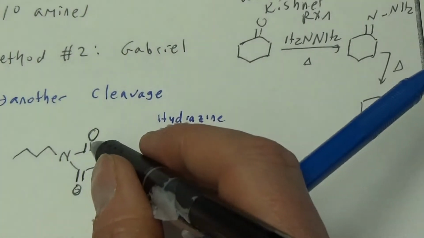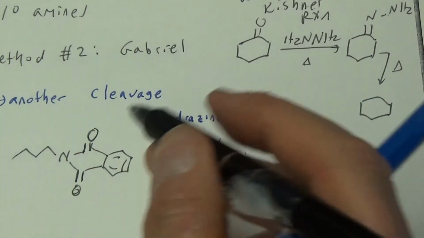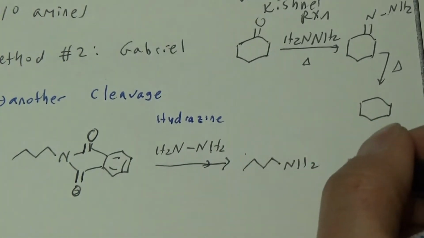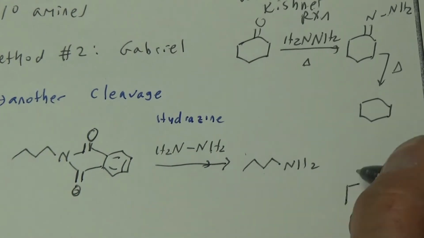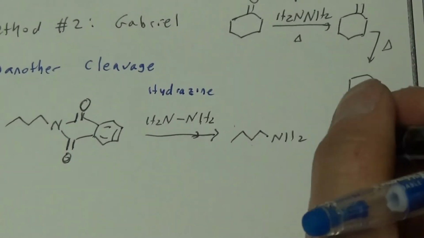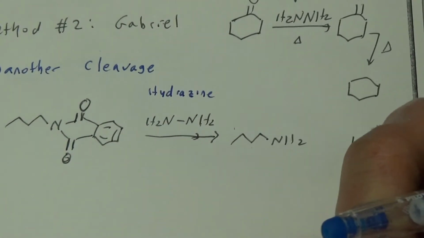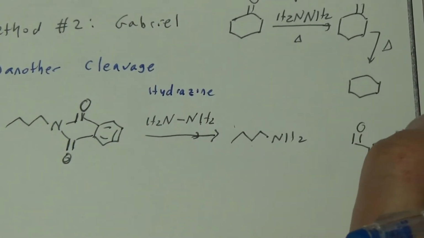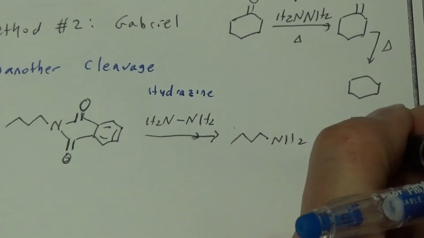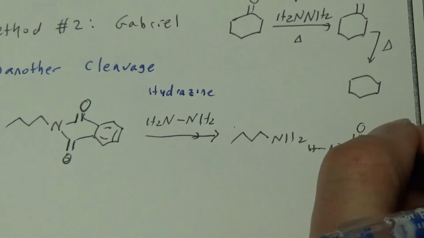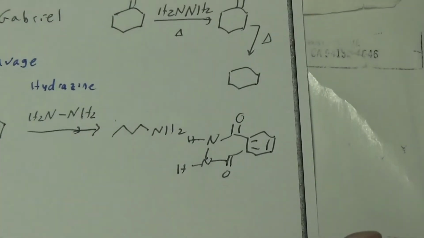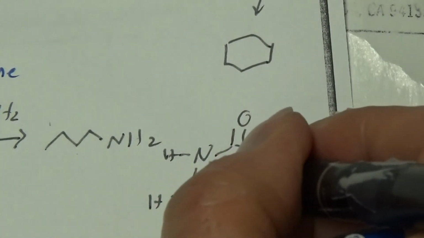So it attacks, and then the other side attacks the bottom, and it cleaves off the amine, and you get basically, after a silly little mechanism, this sort of thing with another 6-member ring.